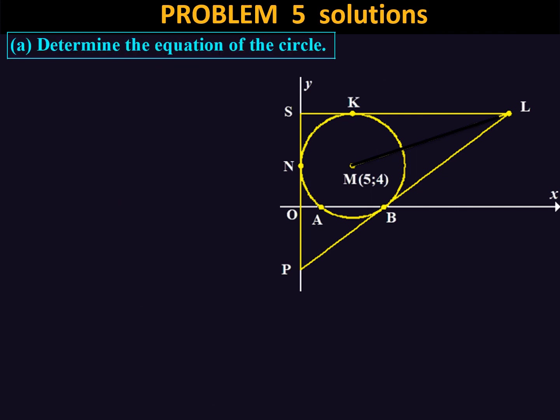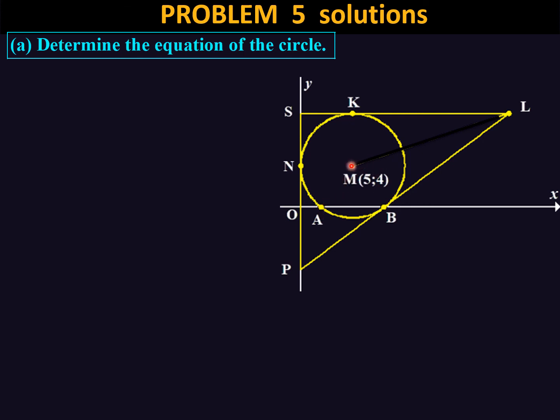There's our diagram again. Determine the equation of the circle. Straightforward, we need the radius and we need the center. We have a center, but we don't have the radius. So let's see, how can we find the radius? Where can we name some radii there? There's radius KM. I don't see how I can get that there. I've got radius MB. I don't have point B. And I have radius MA.